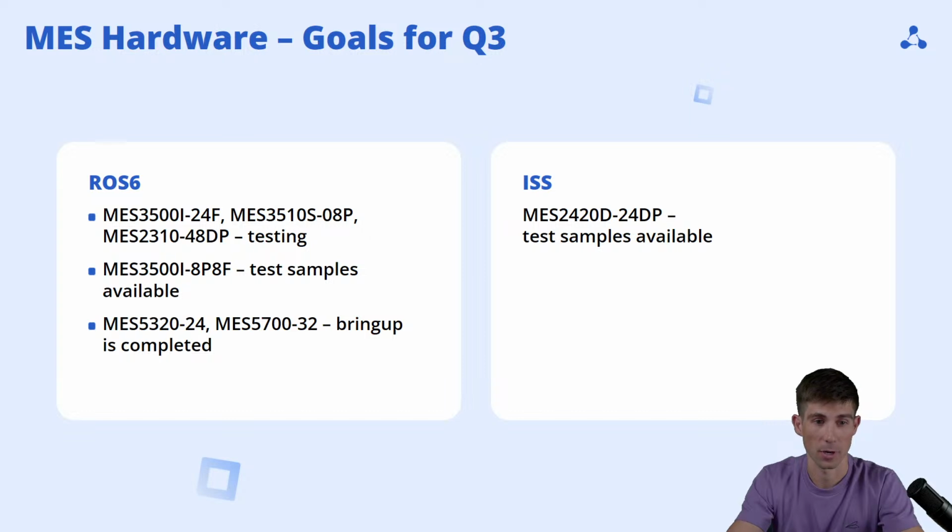There is a new switch, MES 3500i8PAF. You can tell by its name that it has 8 fiber and 8 PoE Ethernet physical ports on the same device, and it has just been released for testing, so it's in the early stages of development.